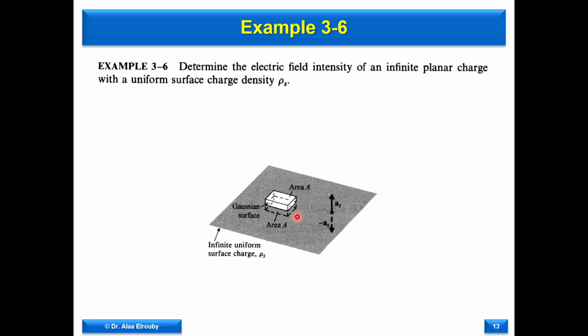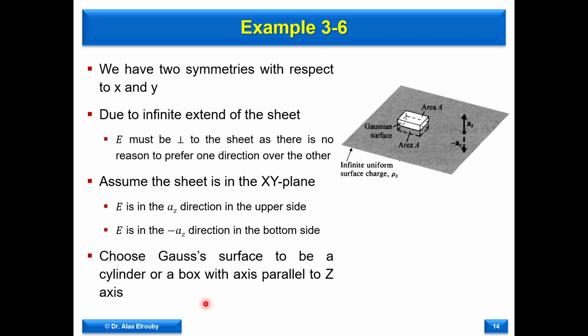Also we have symmetry along y, infinite extension of surface charge along y, and along minus y. So we have two symmetries along x and y, and we should expect no dependency on x, no dependency on y, because we have symmetry.